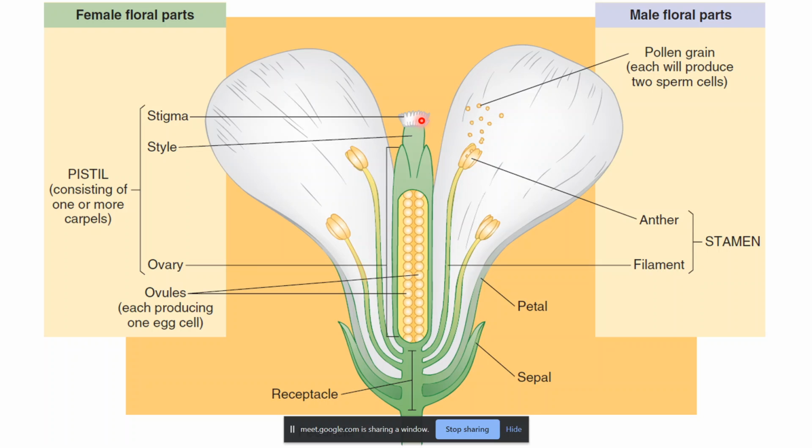So, flowering plants include about 390,000 species, and it is the largest, most successful group of plants. And they can reproduce sexually and asexually.